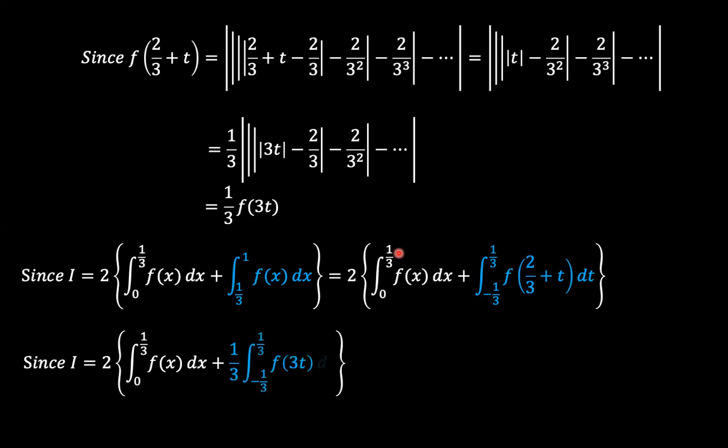Now, one thing that obviously we can play around with here is that the function f is symmetrical about 0. We also know that the integral from 0 to a third is defined, and therefore, instead of having this negative value here, we can say that this integral is just twice the integral from 0 to a third.